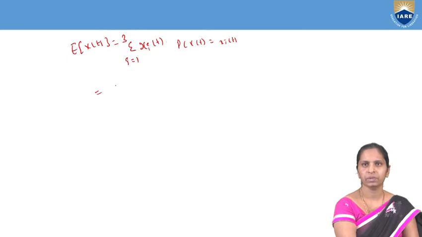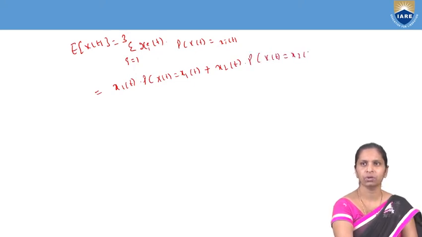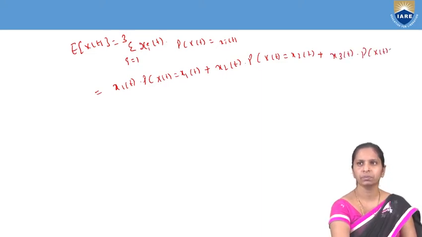Now, if I substitute here 1, so x1 of t into p of x of t at x1 of t plus x2 of t into p of x of t at x2 of t plus x3 of t into p of x of t equals to x3 of t.